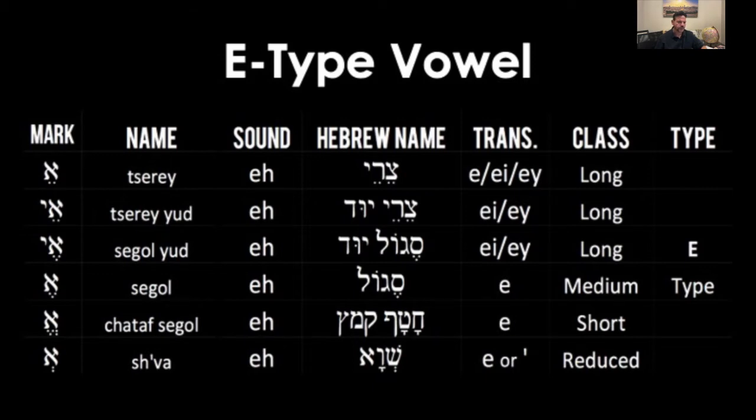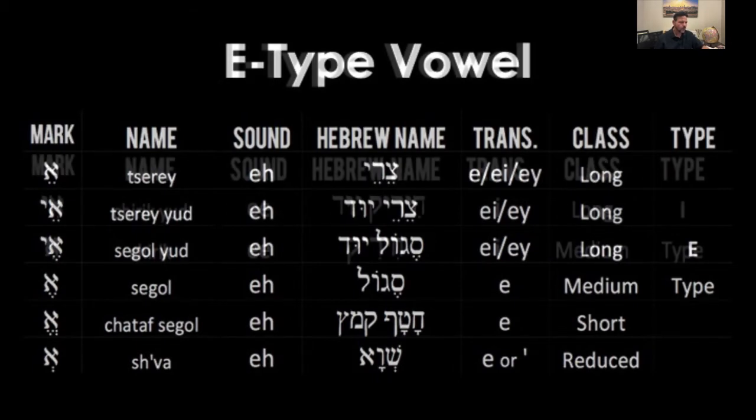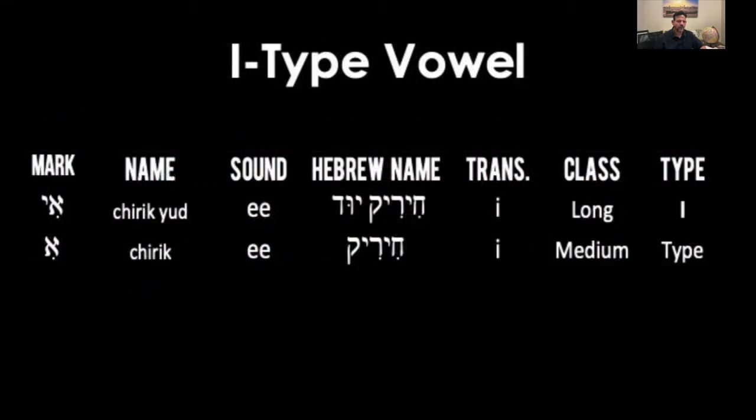Shva is reduced, either a short S sound under the first letter, or it can even remind us of a glottal stop. The short S sound is shva na, and the glottal stop is shva nach, the sounding shva or the resting shva.